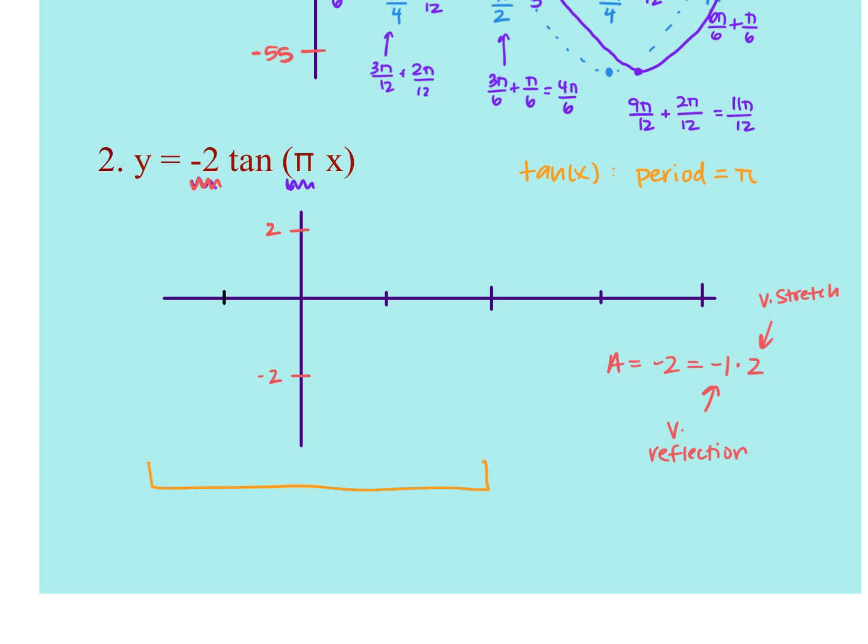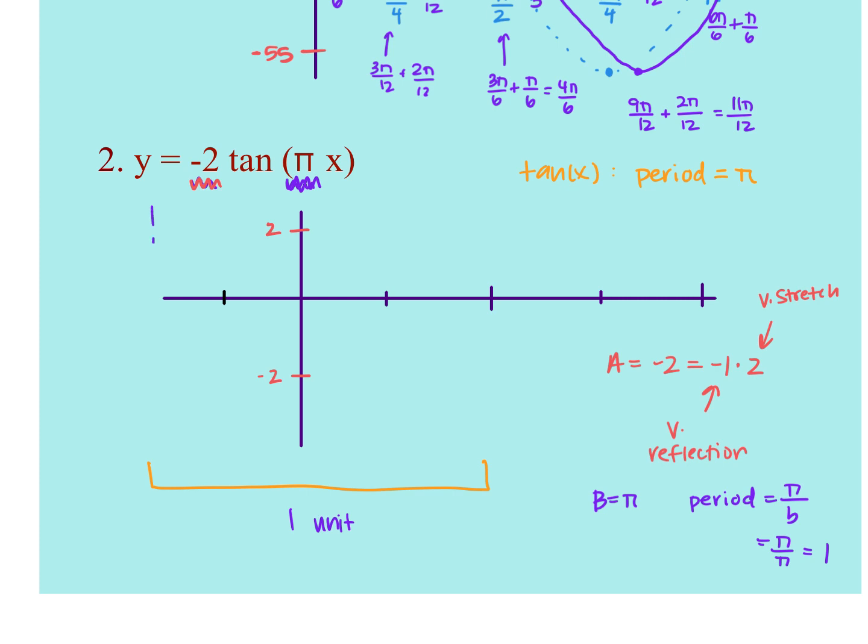Taking a look at this b value of pi, that's going to affect the period. The period length started out as pi, but now I need to divide by b. Pi over pi means that period length is going to be 1. So between the asymptotes needs to be a length of 1 unit.